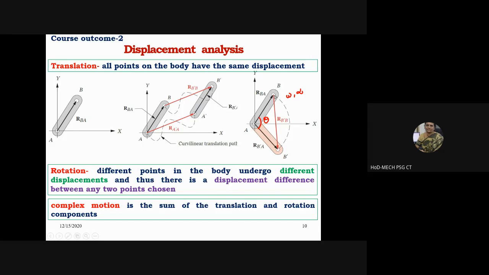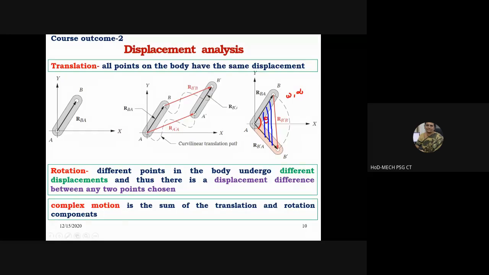Point B has gone to B dash, moving through a large distance, and all the points in between will be moving through different displacements like this. So in rotation, different points in the body undergo different displacements, and thus there is a displacement difference between any two points chosen on the body.